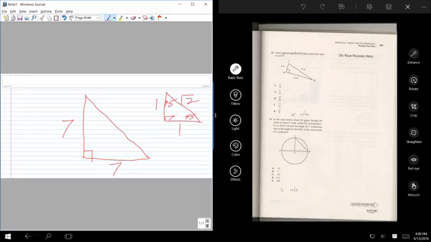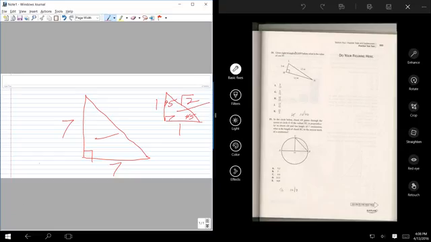Yeah. So, if we look at this as a similar triangle to that, it's the similarity ratio. 1 to square root of 2? No. 7 to 1. When you're figuring out a similarity ratio, you figure out the corresponding side versus the other corresponding side.